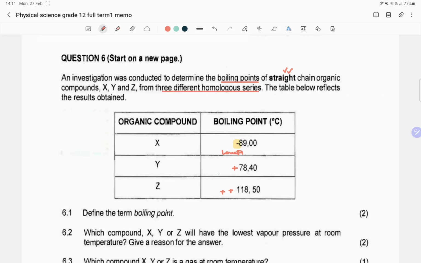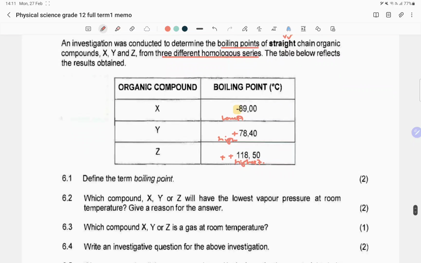This is high. This is highest. So these are some of the things you try to play with your information, just a little bit, not too much.